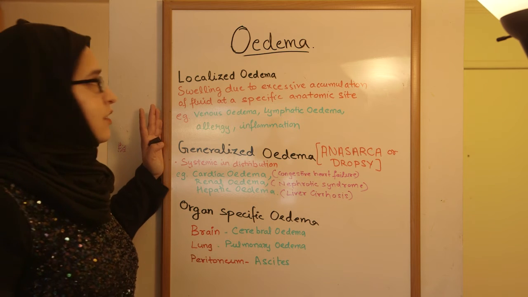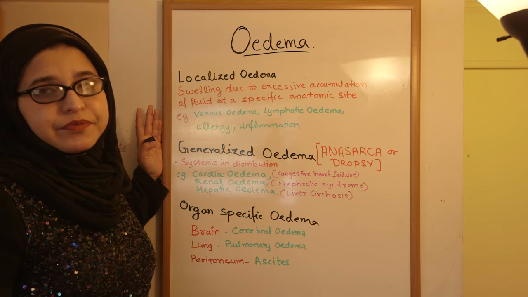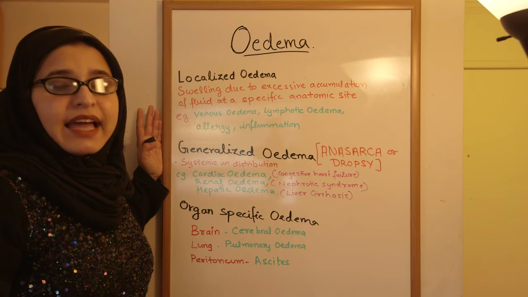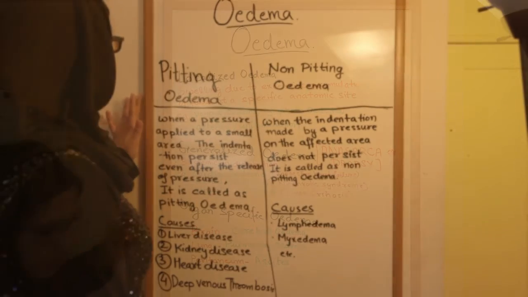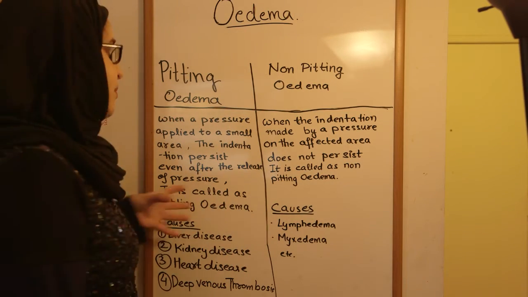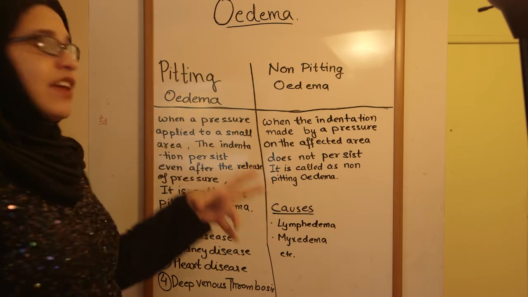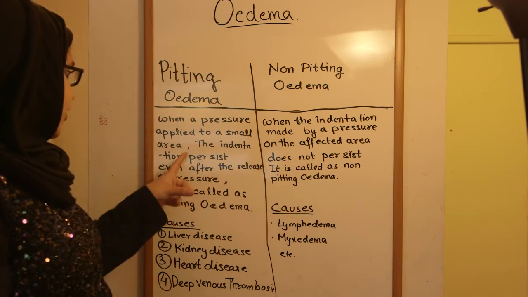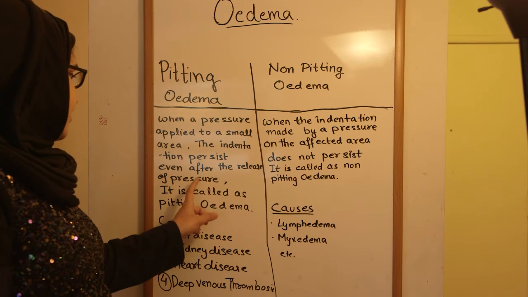Now next we have to learn about the pitting edema and non-pitting edema. So now let us know about the pitting edema and non-pitting edema. What is pitting edema? Whenever a pressure is applied to a small area, the indentation persists even after the release of pressure.